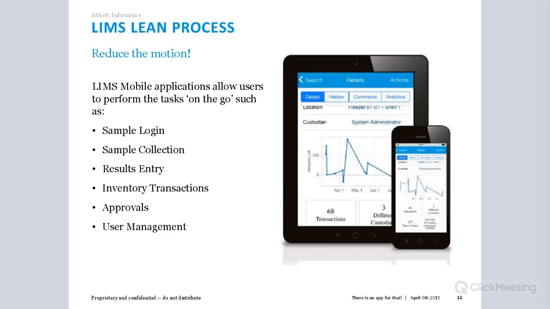A LIMS solution cannot fix a poorly set up lab, but STARLIMS mobile applications can optimize your process by reducing the motion. Some of the paths shown on that previous slide can be removed entirely just by giving analysts on-the-go access to all the information that they need at any given time. That removes the need to walk back and forth throughout the laboratory to perform their tasks.